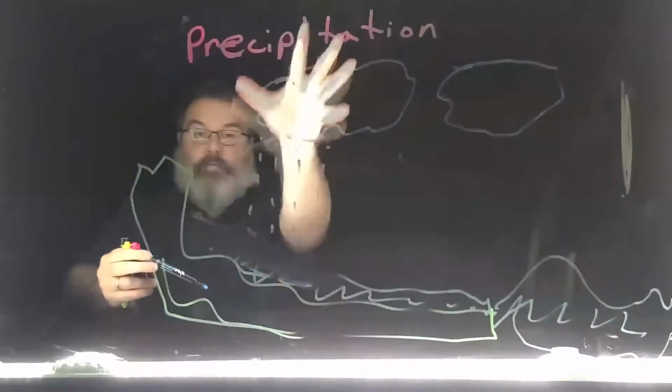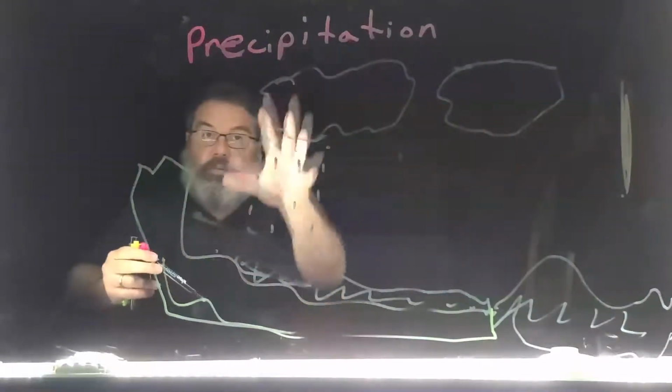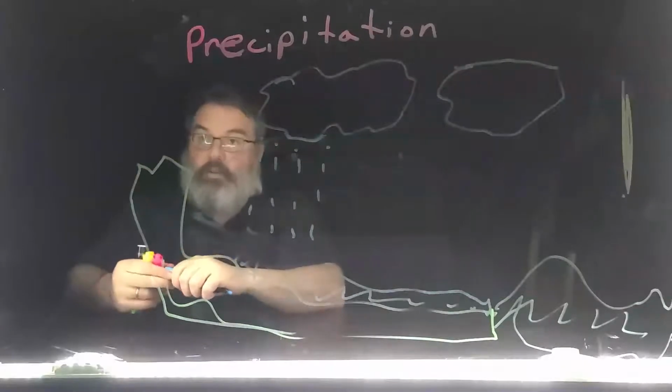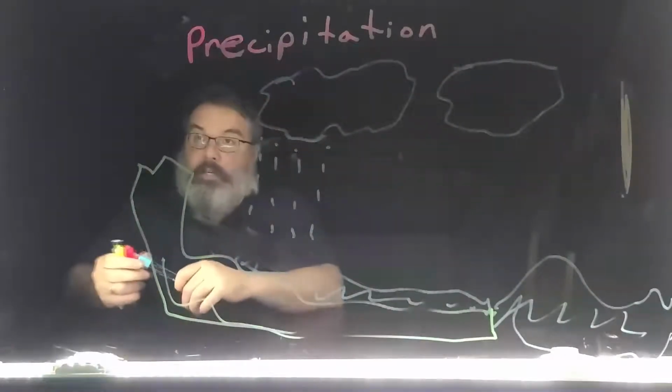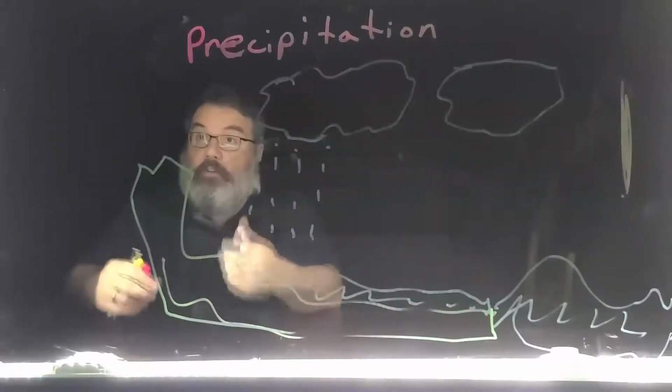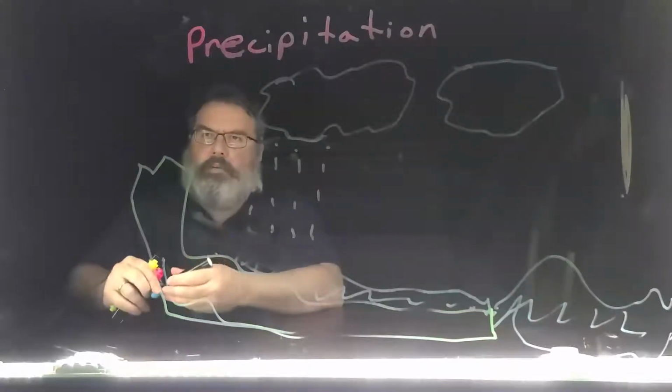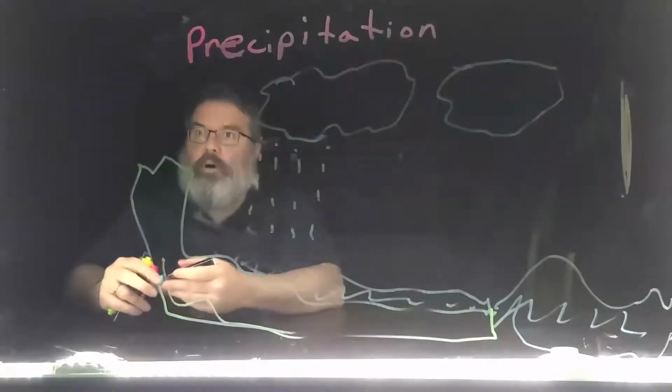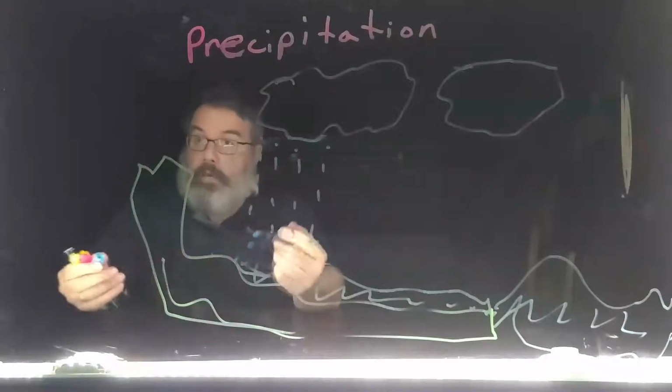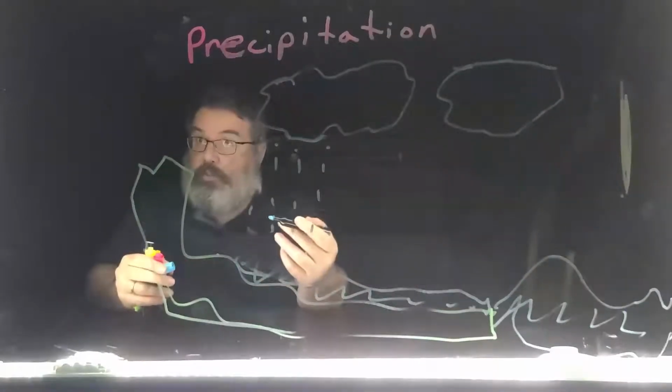So this runoff, when it's precipitating back down to the earth, actually is another part of the water storage cycle. You're like, how are we going to store water on Earth? Okay, glaciers, snow.